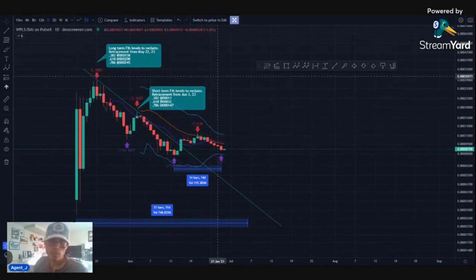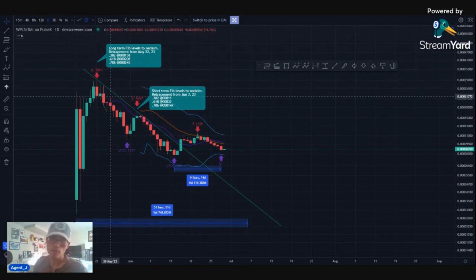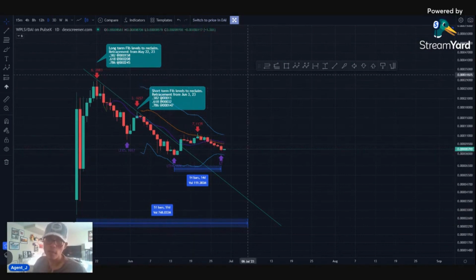Once price starts to move up and reclaims and breaks past its last cycle high, as a technical analyst, that's an indicator for you to say, okay, wow, price is really starting to move upwards, and because we broke past the last cycle high, then I can be pretty confident in saying that we are starting to reverse the current trend, in this case moving from a downtrend to an uptrend.